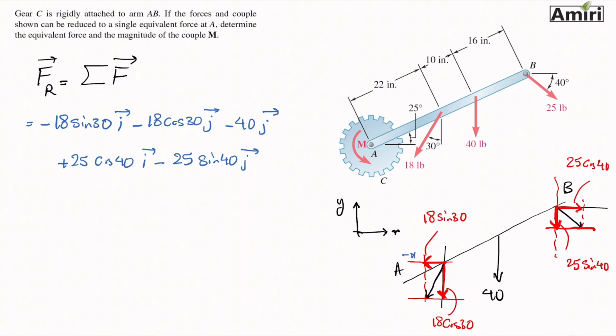Some people might like to just do the summation of x's. Some people might like to do the summation of y's. That is totally fine, and you can do that. I figured this way it's much easier.